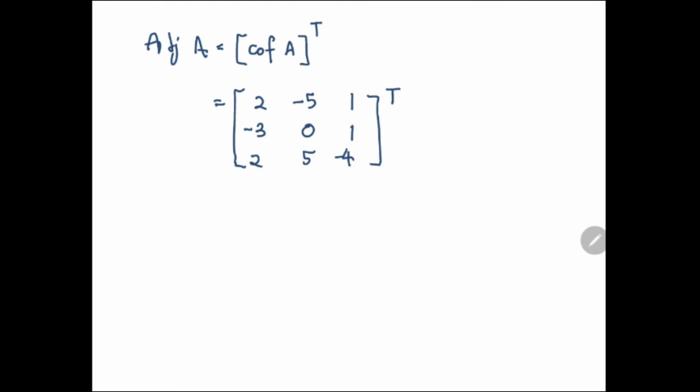We transpose. So, adjoint A is 2, negative 3, 2, negative 5, 0, 5, and 1, 1, negative 4. That's all. Do you understand how to get an adjoint?